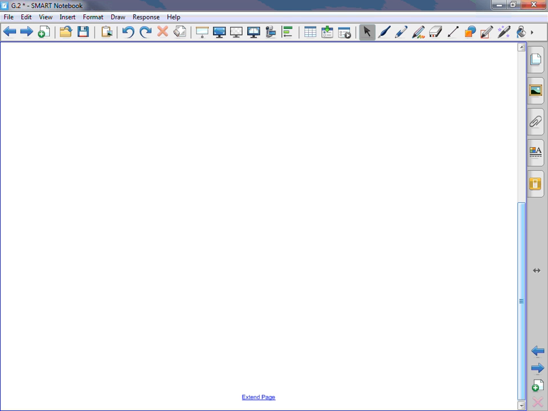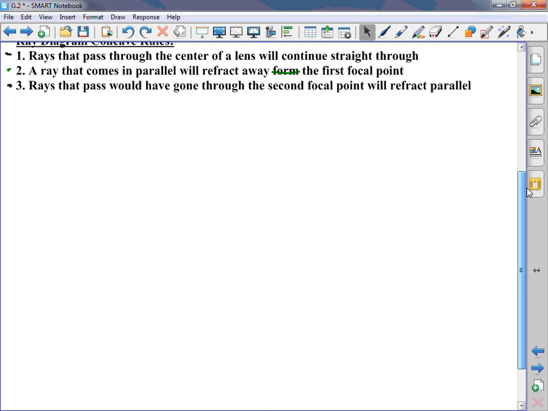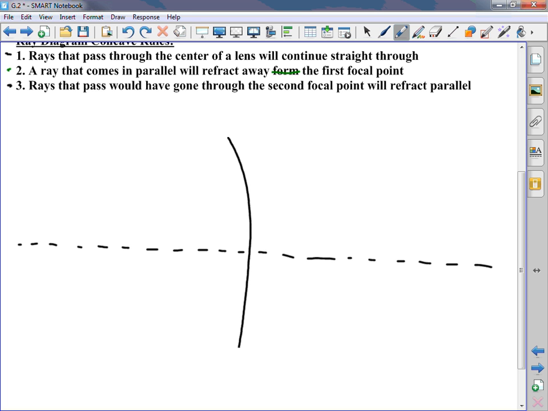Let's do that again, another example problem. Let's put the object inside the focal point, because as you saw with convex lenses, there was a big difference. If it was outside the focal point, we got a real, inverted, larger image, right? And whenever it was inside the focal point, we got a virtual, upright, larger image.